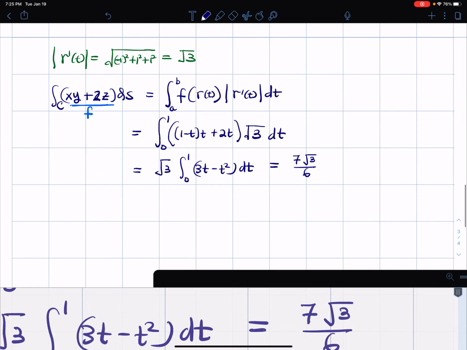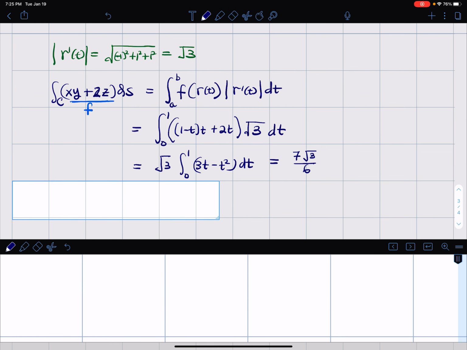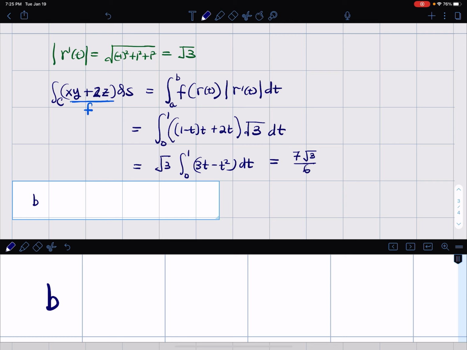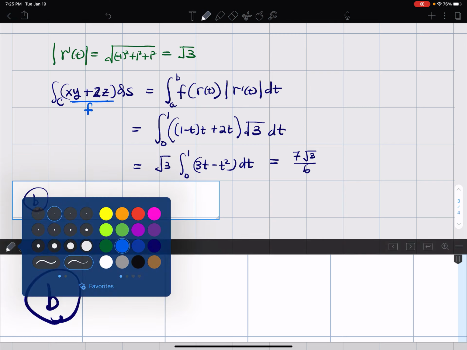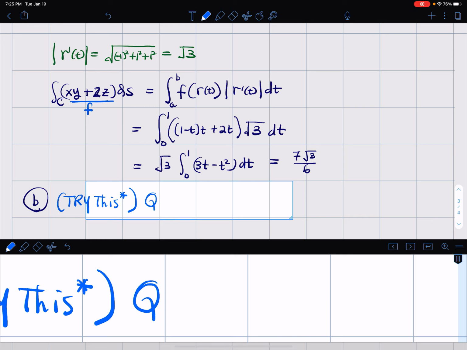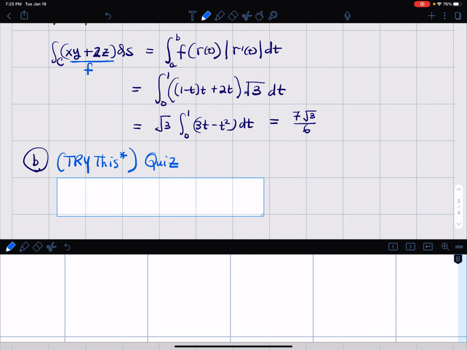I want you to try something, and you must try this one if you're in the course. You definitely need to. Actually, I'm going to make this a quiz. You want to try it, and I'm going to ask you questions on it. It's a quiz. So what is this quiz?